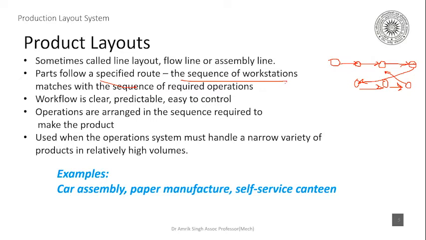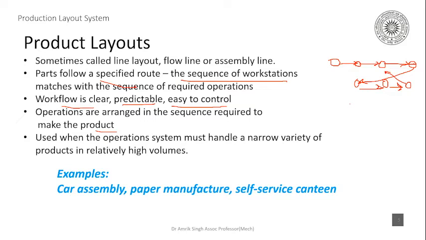It is important which matches with the sequence of the required operations. The third characteristic or the third feature of this type of product layout is that workflow is clear, predictable, and it is easy to control. Operations are arranged in the sequence required to make the product.